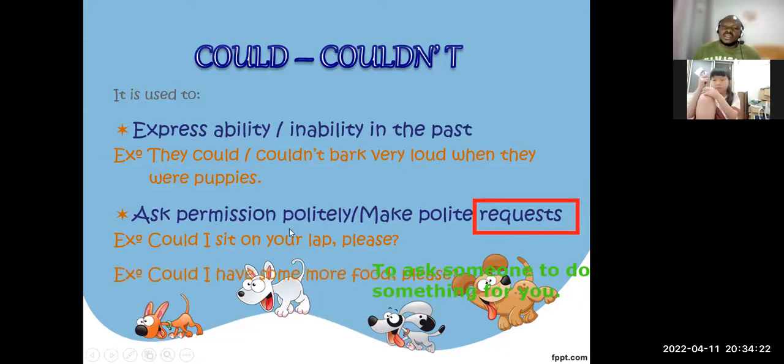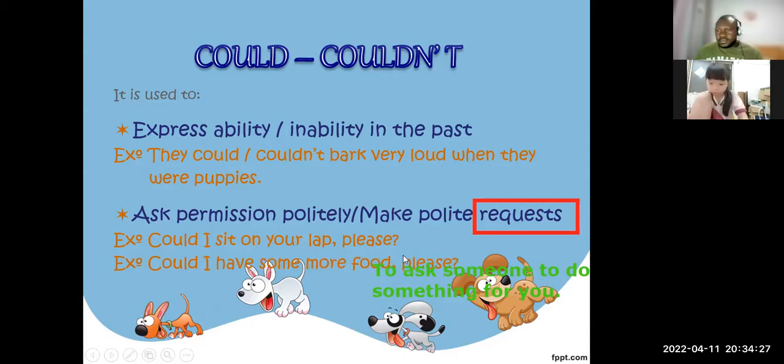So you can say, could I have some more food, please? Could I have some more food, please?